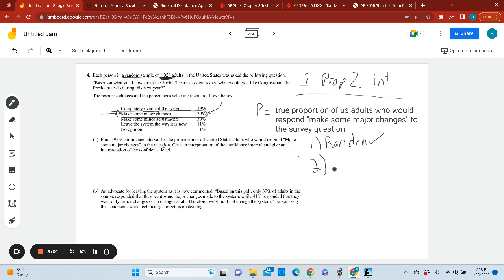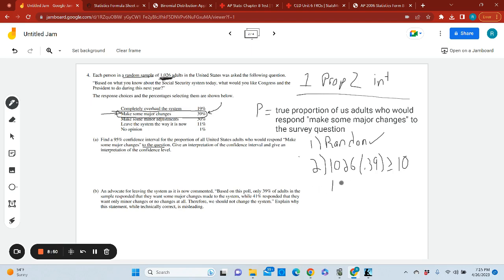So I have a sample size of 1,026 adults. And this sample size is huge. So 39% of 1,026 adults is going to be much bigger than 10.